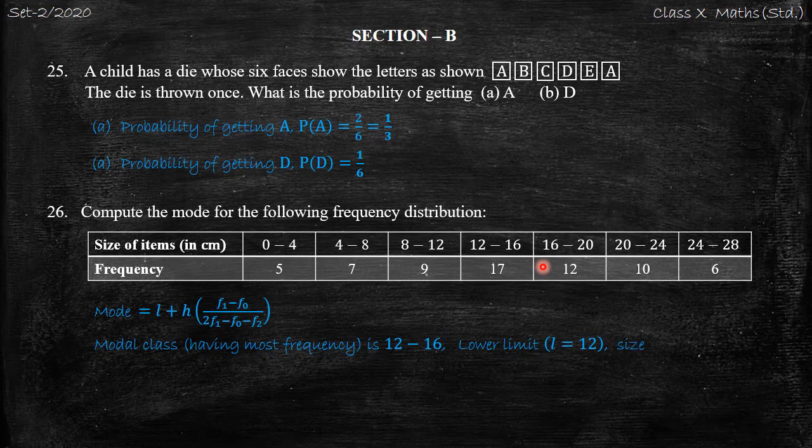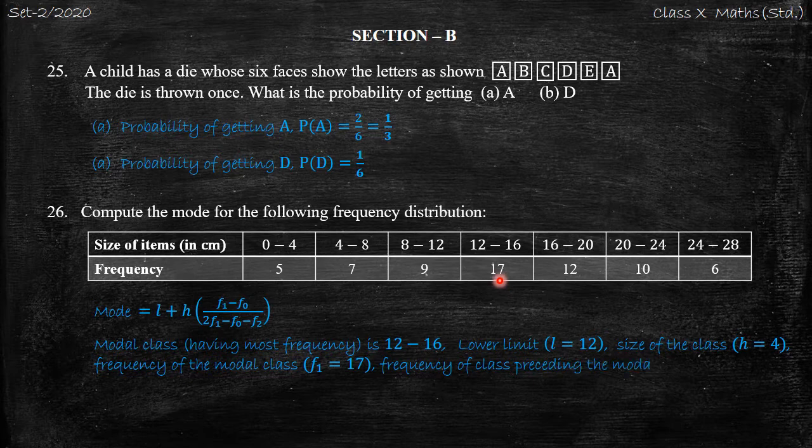Okay, now H means the size of the class, which is 4, and the frequency of the modal class is F1, which is 17, and the frequency of the class preceding the modal class, F0, is 9, and F2 is the frequency of the class succeeding the modal class.